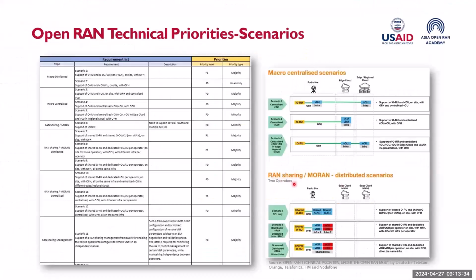RAN sharing and macro RAN distributed scenarios. So we have also different scenarios like this. Okay, so if you're part of the solution team in an organization, you might be interested in reviewing this kind of technical priorities. So you can have an idea what would be the trend or what are the different best practices or applications that might be implemented using Open RAN. Okay.